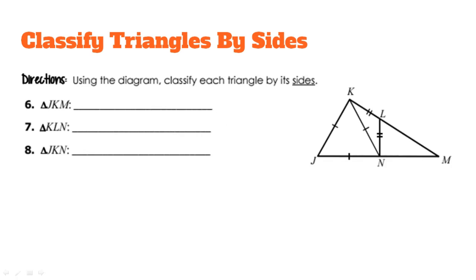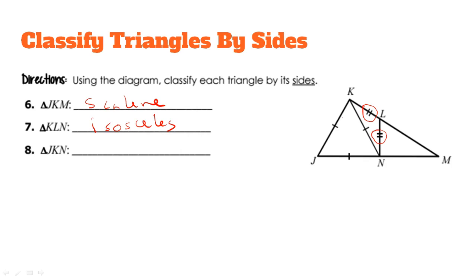So keep that in mind as we move to our next slide here. Using that information, they want you to classify these 3 triangles. JKM here has all 3 different sides, so we would call that a scalene. Triangle KLN, we notice that they have 2 tick marks on 2 of the sides, which would indicate it is an isosceles.